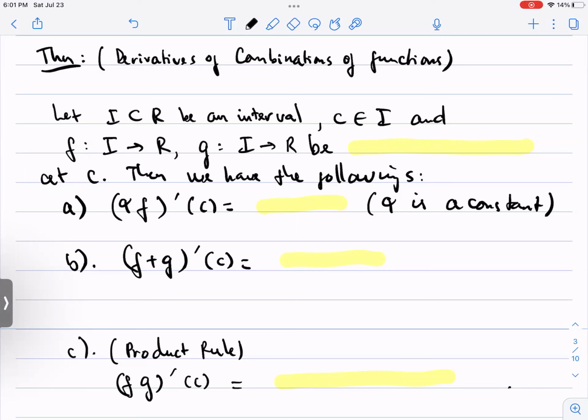Based on that observation, as long as we know how to compute the derivative of these fundamental functions and know how to compute the derivative of a combination of functions, then we should be able to compute the derivative of every function.